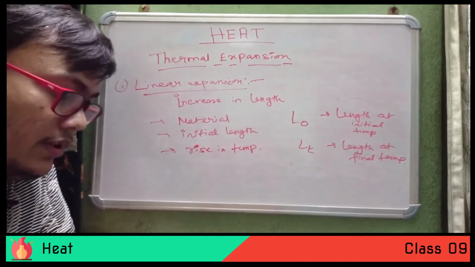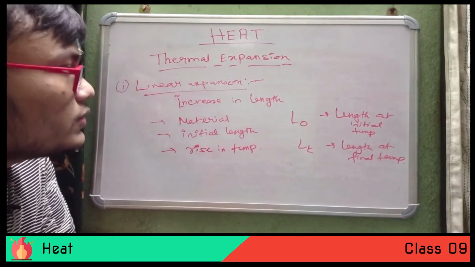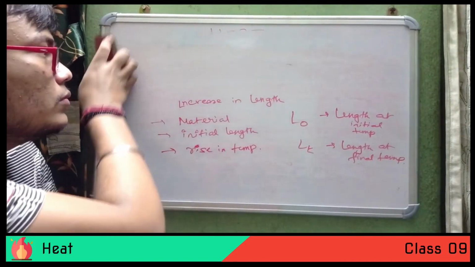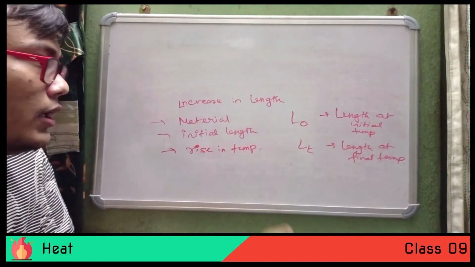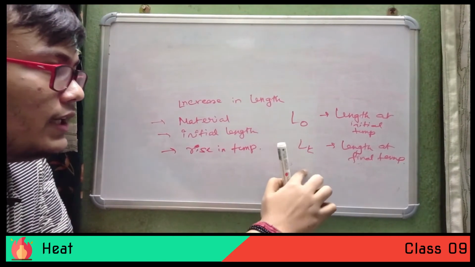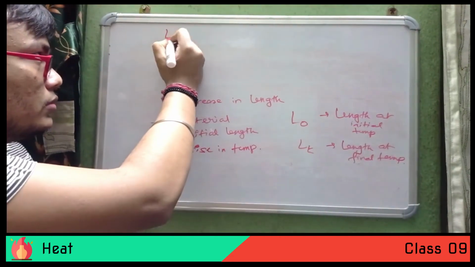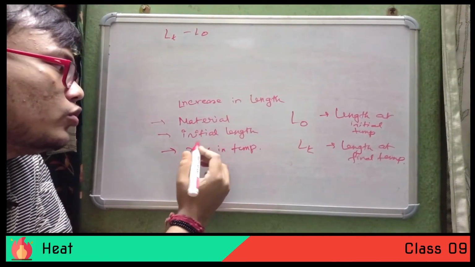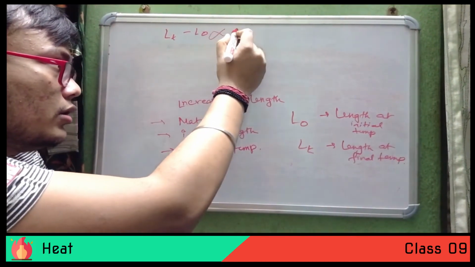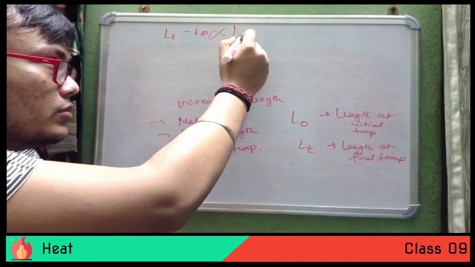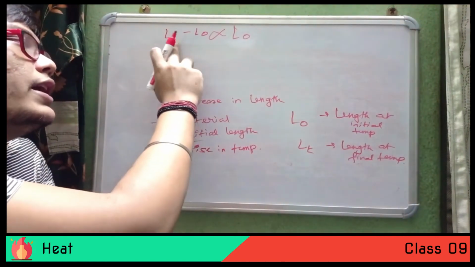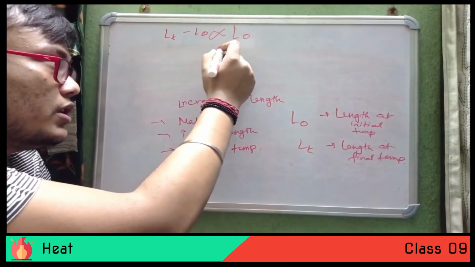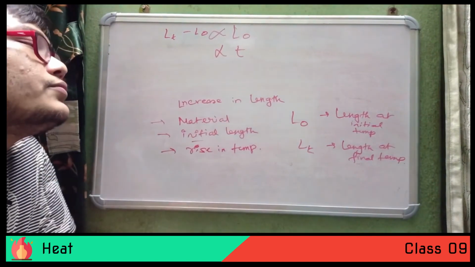So the increase in length, which is LT minus L0, is directly proportional to the initial length, L0, and also the rise in temperature, which is T.